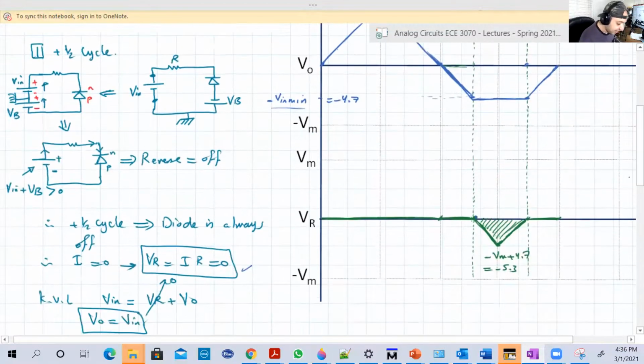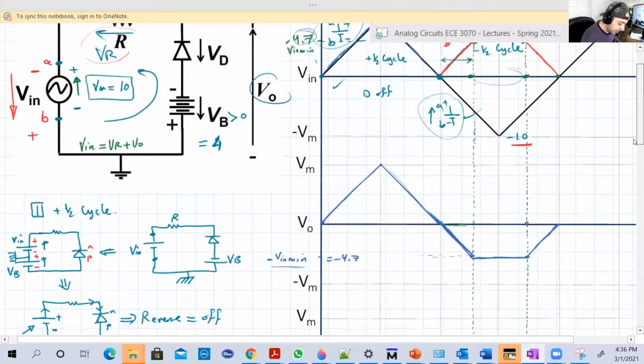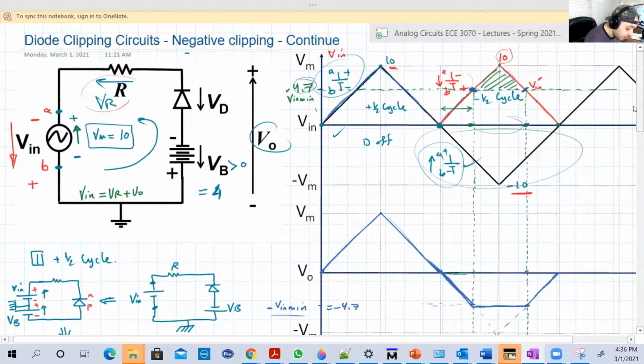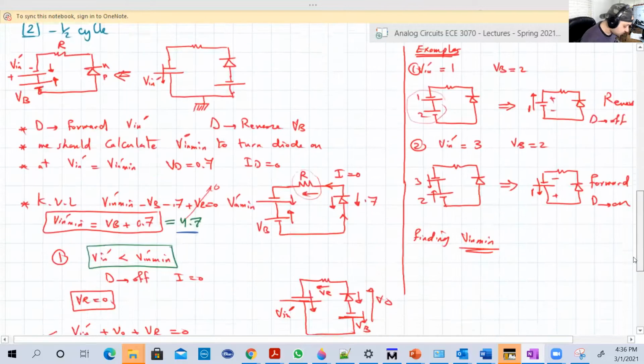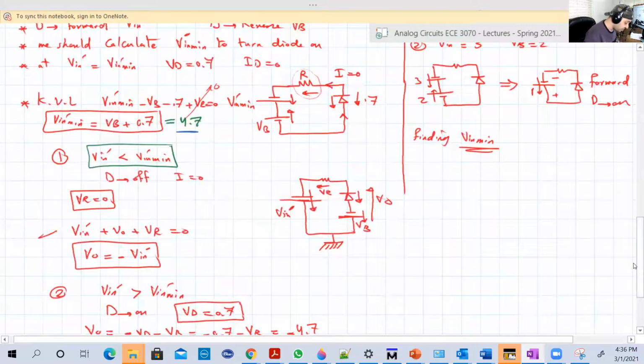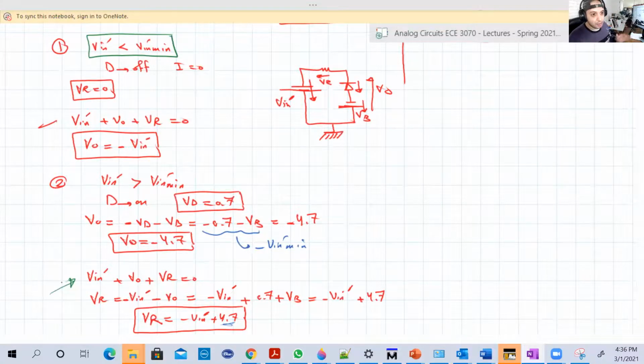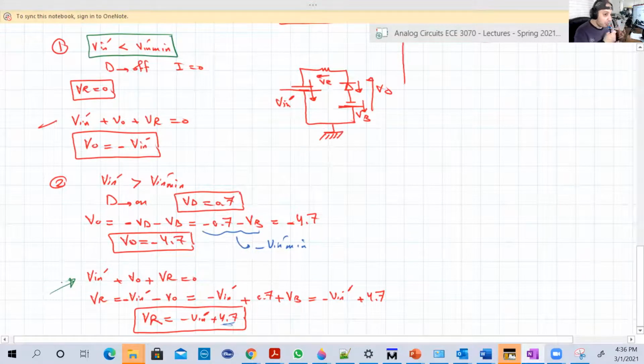If you take this green and just put it here, it will give you the same negative half cycle here. If you want to go with the red one, you go with this equation here: V input dash plus VO plus VR equals 0, or V input dash is equal to minus VR minus VO.